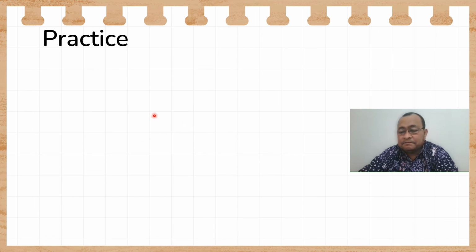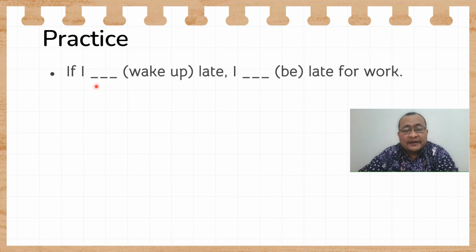Next, if I wake up late, I be late for work. So this is also a general truth, general fact, right? It always happens like this. If you wake up late, you are always late for work or for school. So in the if clause, present form.